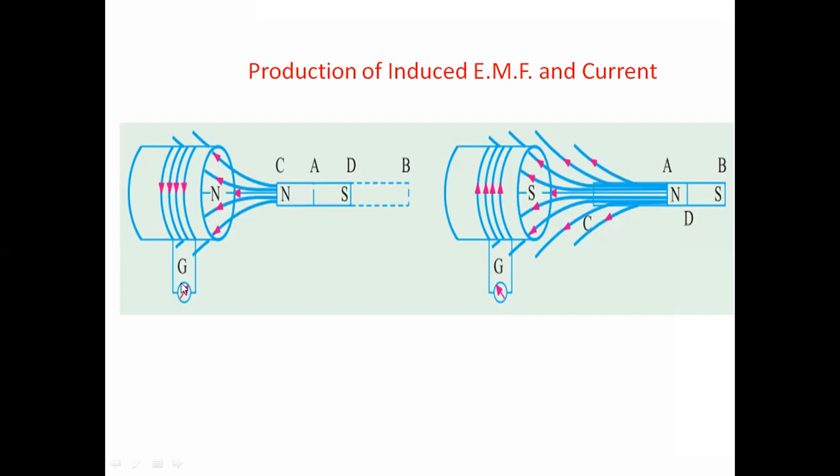A galvanometer is used to find the current, or the deflection of the current flowing through this meter. If the current is flowing through this meter, the galvanometer pointer will deflect depending upon the direction of the current.